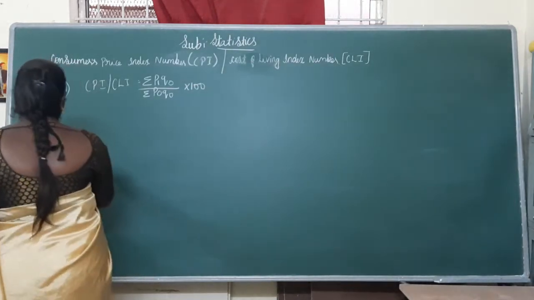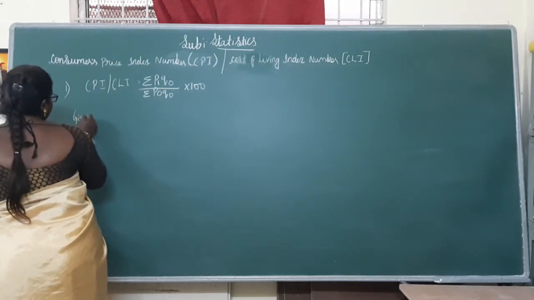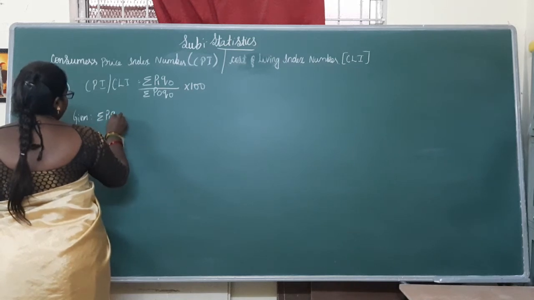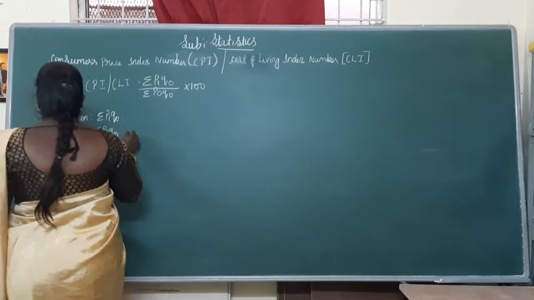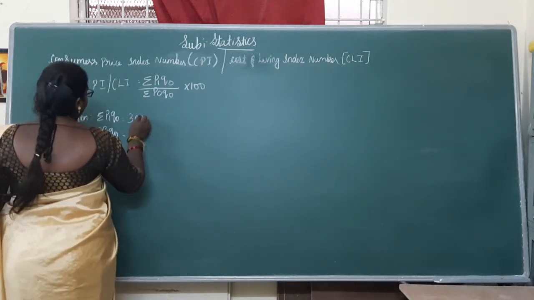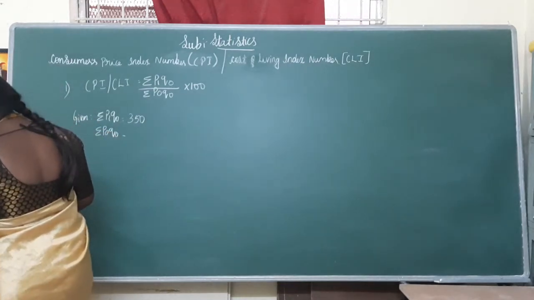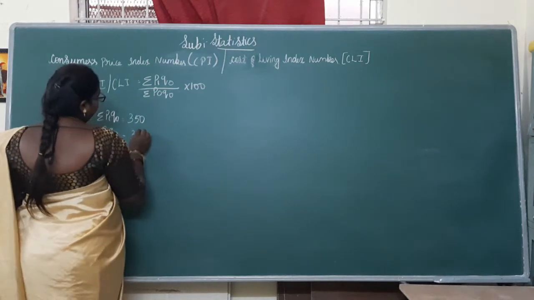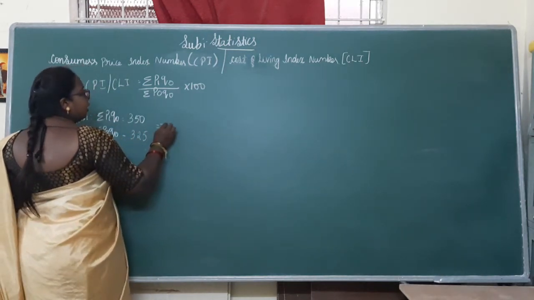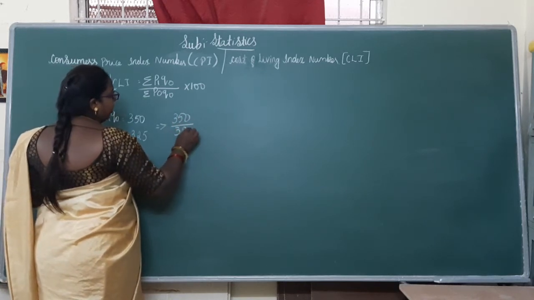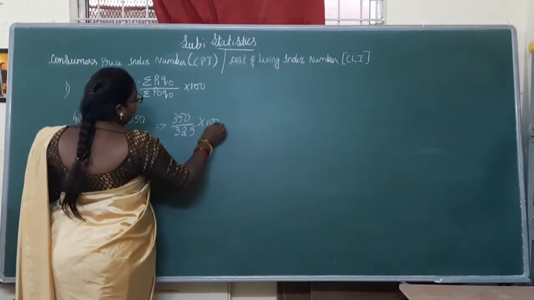What they have given in the question, sigma P1 Q0 and sigma P0 Q0, they have given directly. That is 350 and 325. I am going to substitute this, 350 divided by 325 into 100.